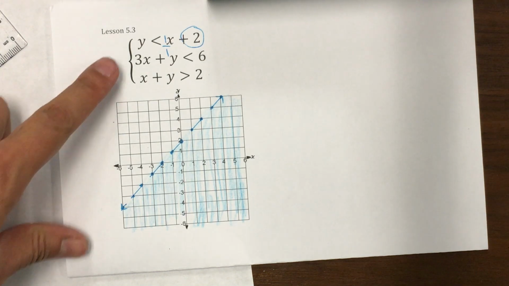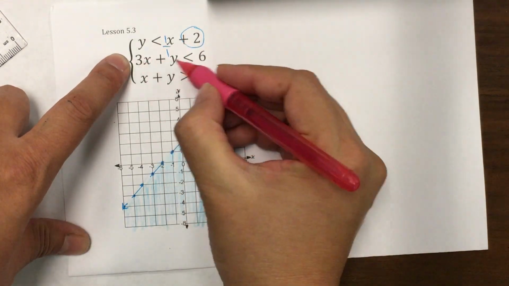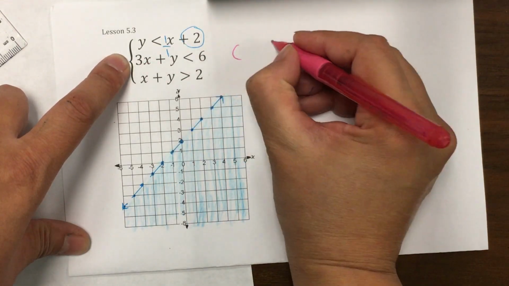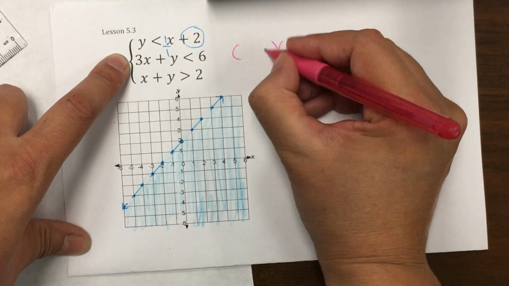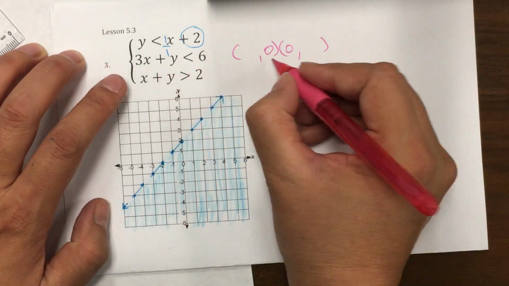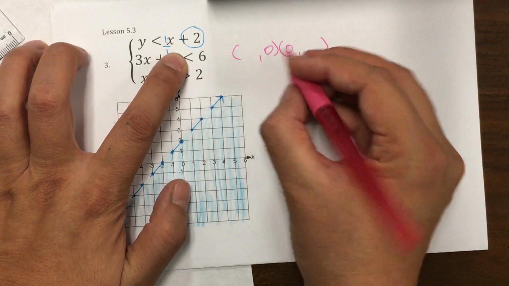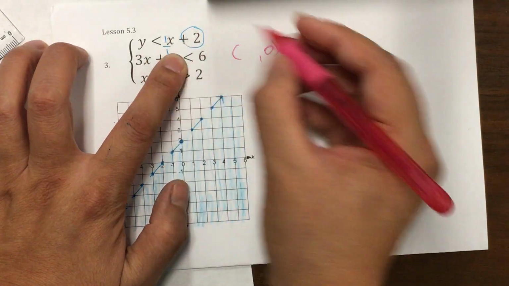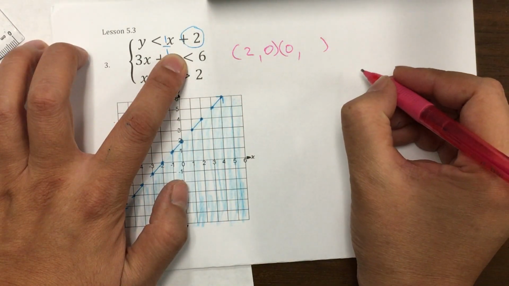For the second one, I noticed that it's in standard form, so I'm going to put my 0, 0, and so y is 0, this disappears, so 6 divided by 3 is 2, that's my x-intercept.